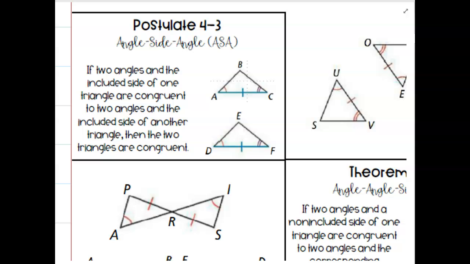If two triangles have a congruent angle, a side, and then an angle, as long as that side is the included side in between the two angles, you can prove the triangles are congruent. For example, in this picture, angle A is congruent to angle D, angle C is congruent to angle F, and the side in between those two angles, AC and EF, are also congruent. So we could say triangle ABC is congruent to triangle DEF.